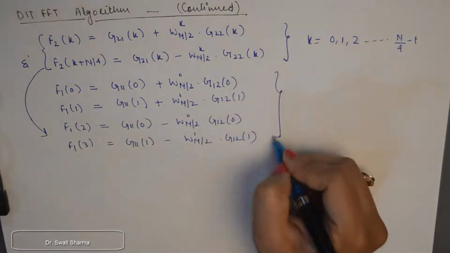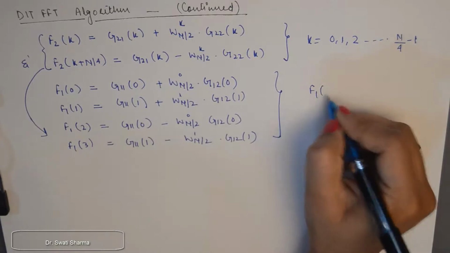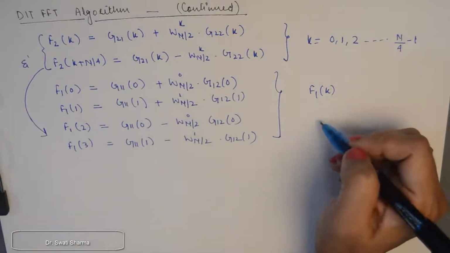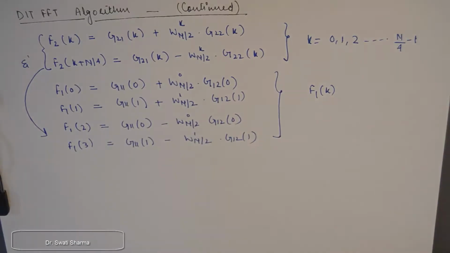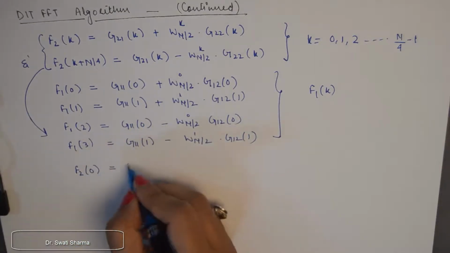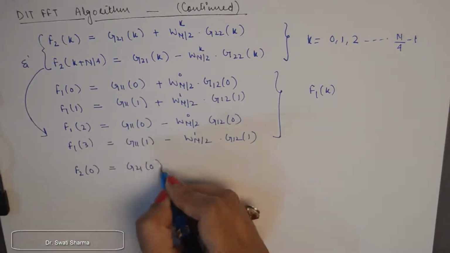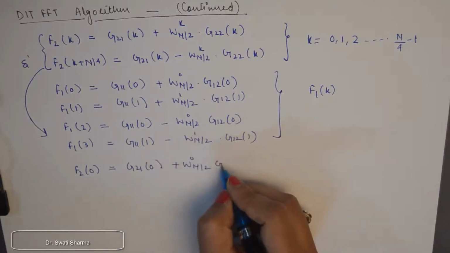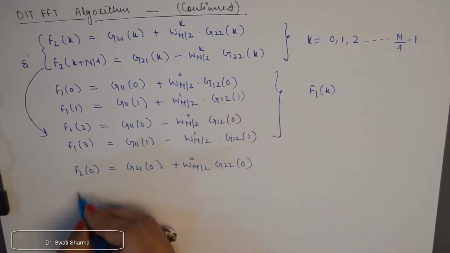So these are the 4 specific sample values of the sequence f1 of k, and similarly we can find the 4 sample values corresponding to sequence f2, which I'll just write down here. So f2 of 0 will be equal to g21 of 0 plus W_N by 2 to the 0 into g22 of 0.